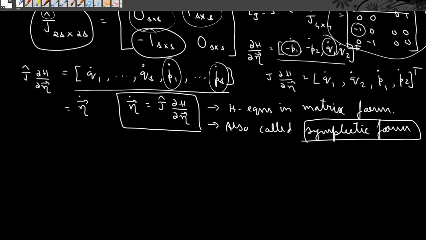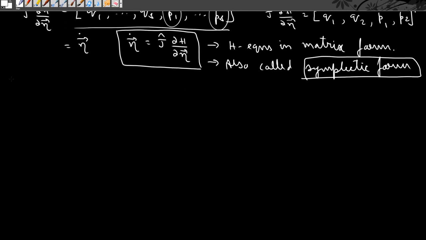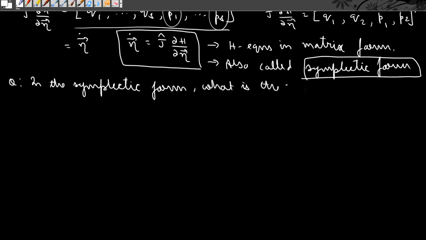All right, now comes the main question at hand, which is: in the symplectic form, what is the condition for a given transformation to be canonical?